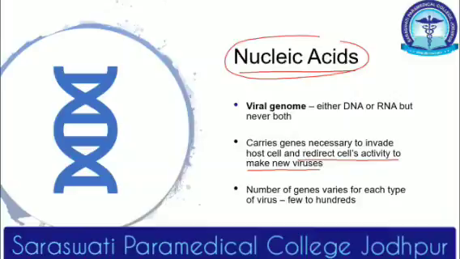They have a protein coat outside, but they don't need to carry enzymes, because once they infect and attack a host, they will hijack the host machinery of protein synthesis, and they will produce the necessary proteins they need to multiply and spread. The number of genes varies for each type of virus. Few to hundreds, okay.